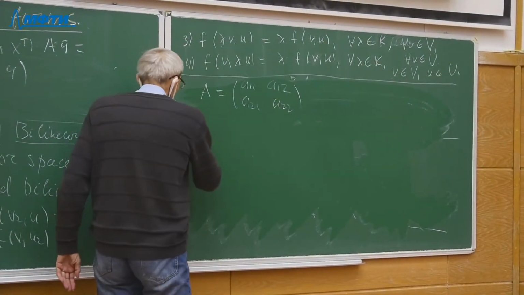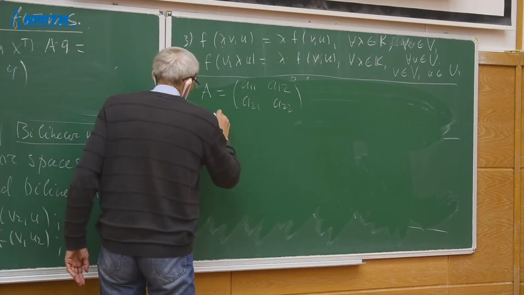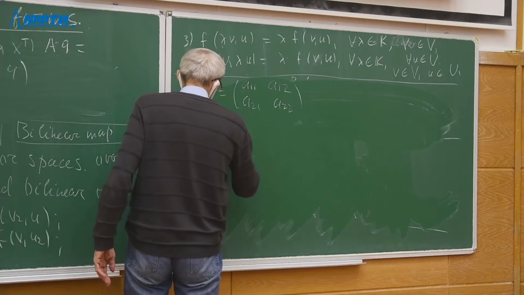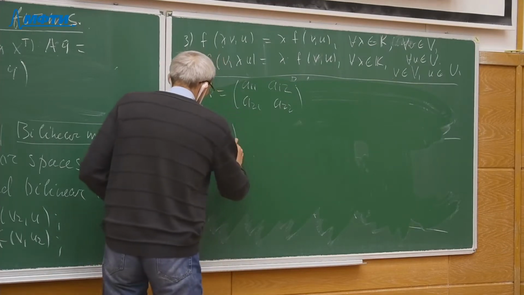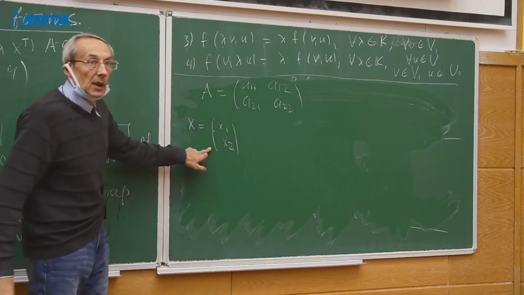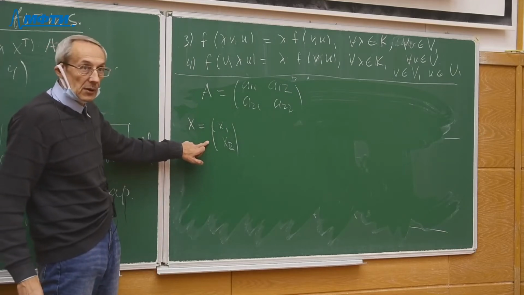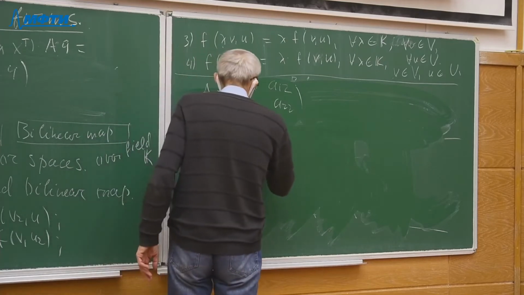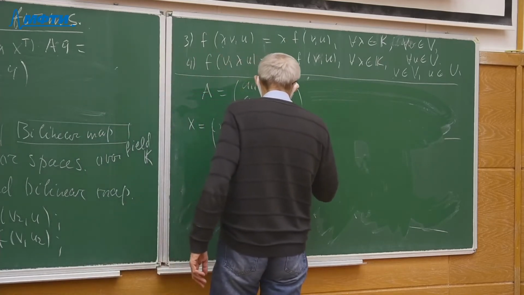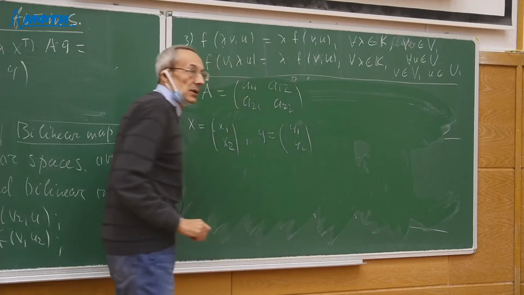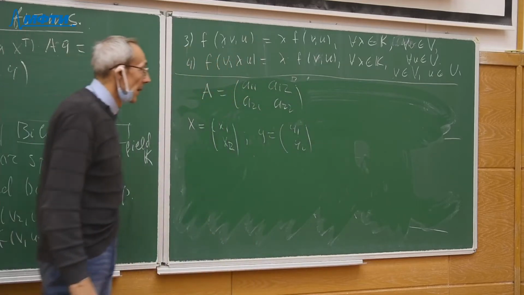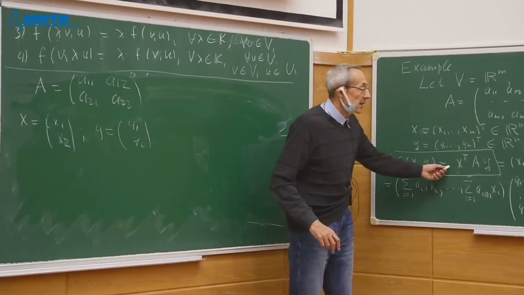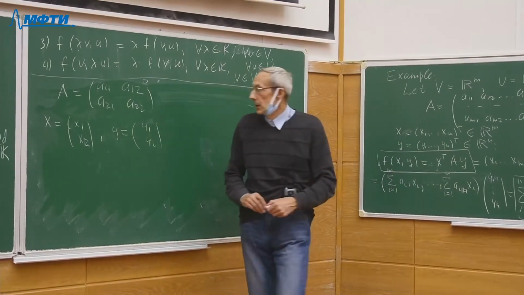And let X = (X1, X2) be a vector of the vector space R2, and Y another vector, which has the coordinates Y1, Y2. We have the following formula. What does this formula mean?